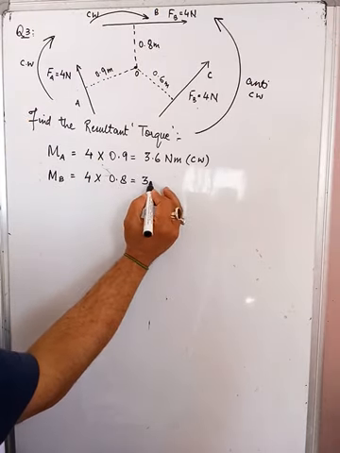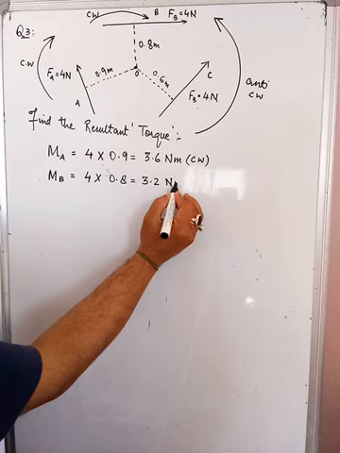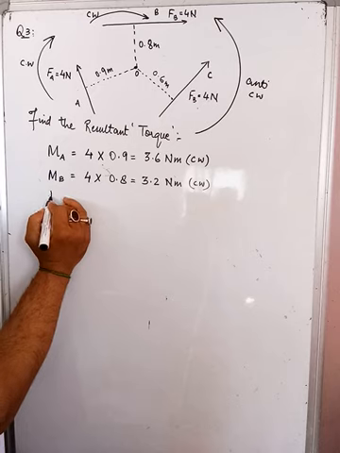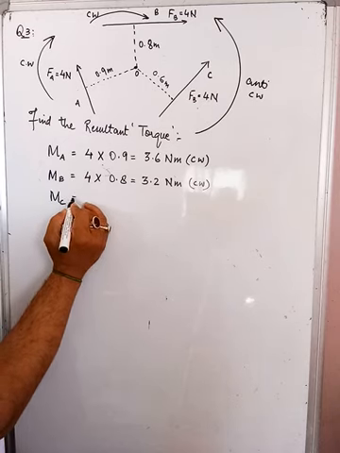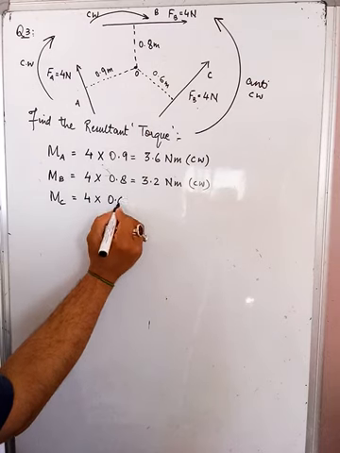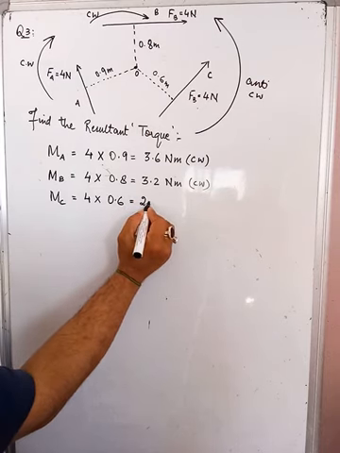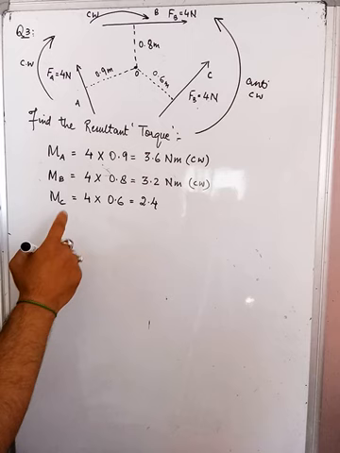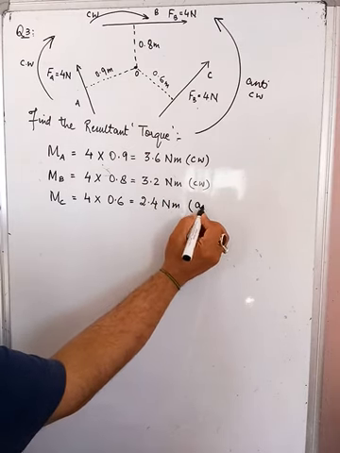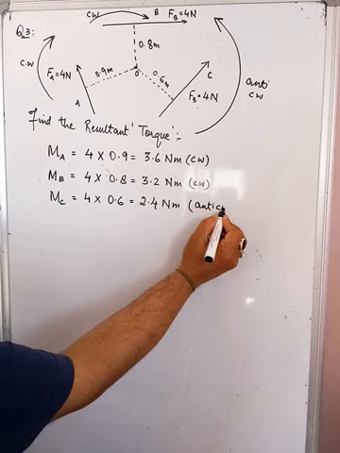So 4 8s are 32, 3.2 newton meter. Again the direction is clockwise. Similarly, we have the moment of force C, which will be 4 multiplied by 0.6, which gives 2.4 newton meter, but the direction this time will be anti-clockwise.